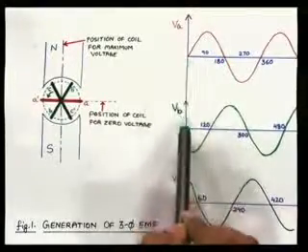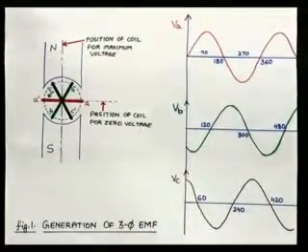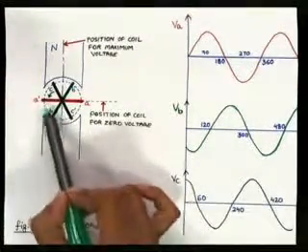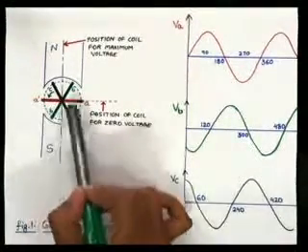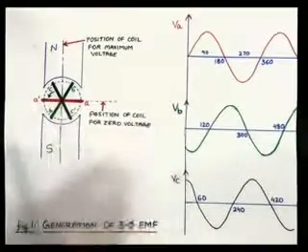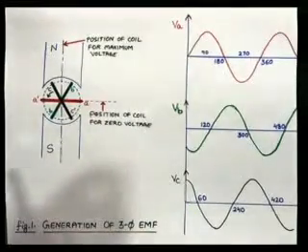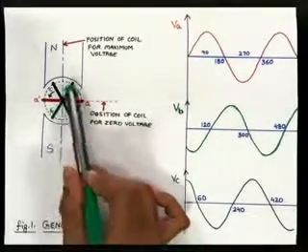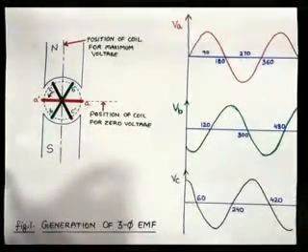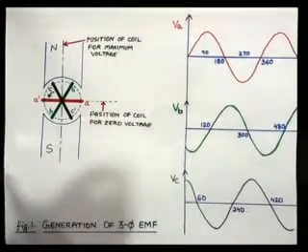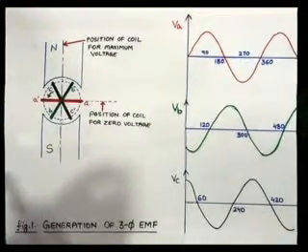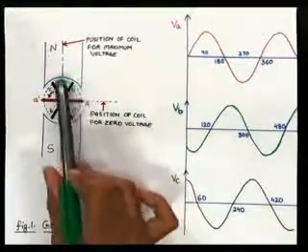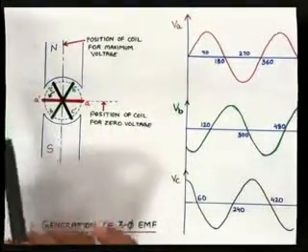VA is 0, but what will be the value of VB? As you can see, the position of BB dash is here, 120 degrees lagging behind AA dash. In this position, obviously the coil BB dash is cutting flux, meaning there is a rate of change of flux linking with the coil. As we said, if it is under the north pole, the EMF induced will be positive.